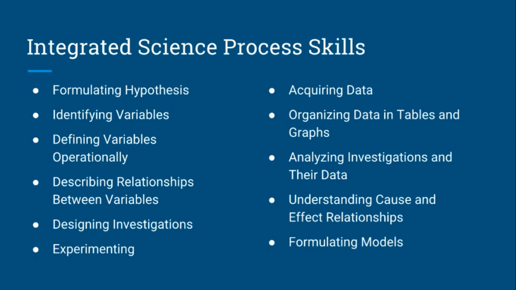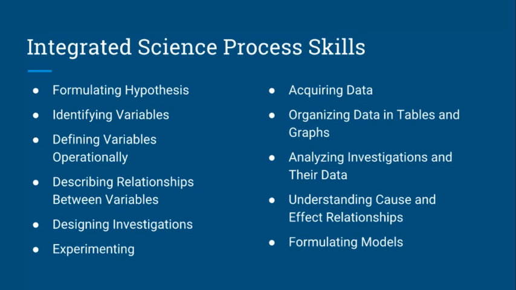Then you have to design the investigation and conduct experiments. Then we concentrate on, and you don't have this in the basic process skills, acquiring the data. In other words, how do you set up the apparatus so that you can convert what you see into numbers that you can then put together and analyze.